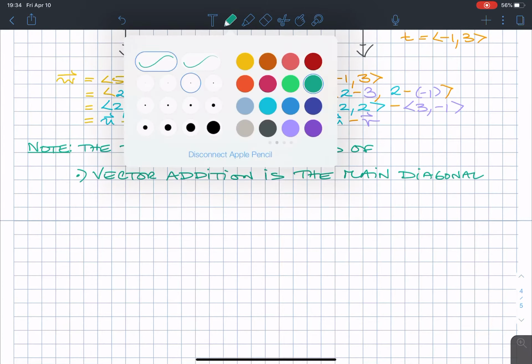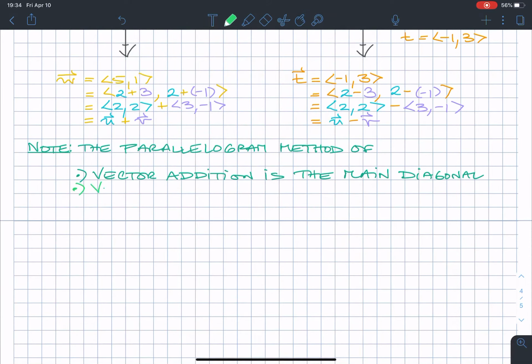And of course, vector subtraction is the alternate diagonal, as in T. So vector subtraction is the alternate diagonal, as we see for T.